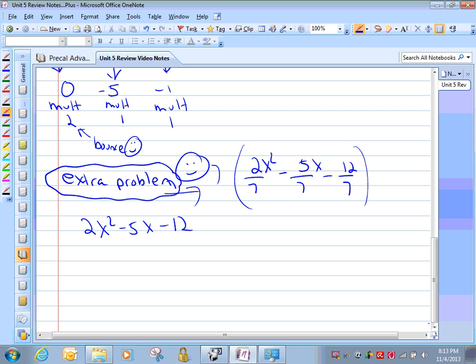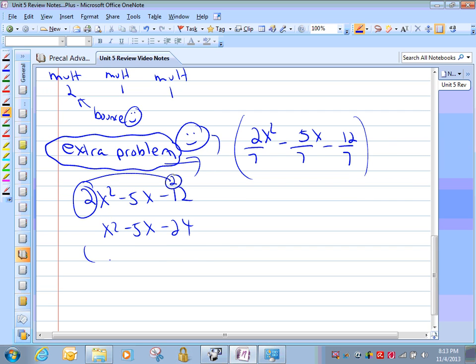So we'll have a little extra practice. I believe in this case you would need to use flip and divide. So we're going to take this 2 over here and put it with the 12. That would leave us with x squared minus 5x minus 24. And now we can factor. And we have x, and I believe it'll be a 3 and an 8.